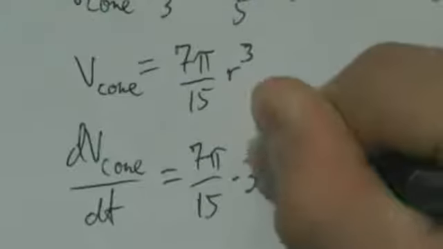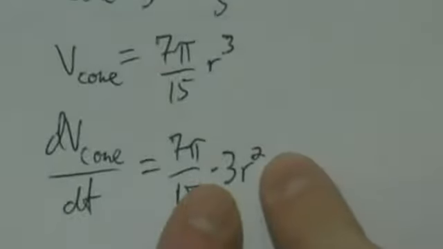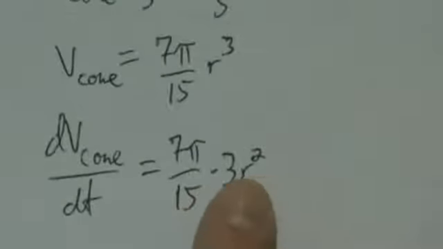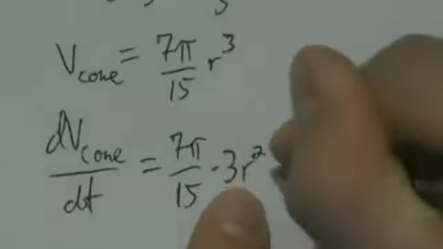So chain rule says derivative of the big guy evaluated at the little guy. Okay, so 3 r squared comes from the derivative of the big guy, and then r because we evaluate at the little guy, and then multiply by the derivative of the little guy. Okay? So that's good. And then we can simplify a little bit, I guess. 3 goes into 15 5 times, so that's just going to be a 5.